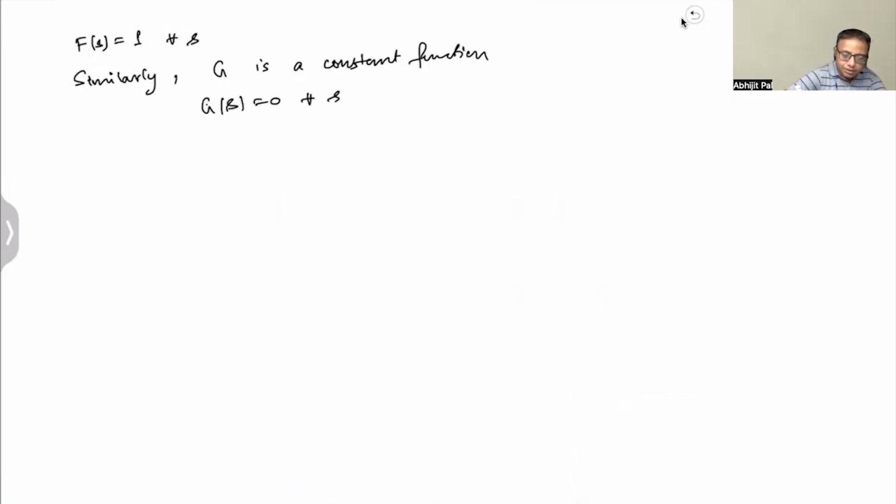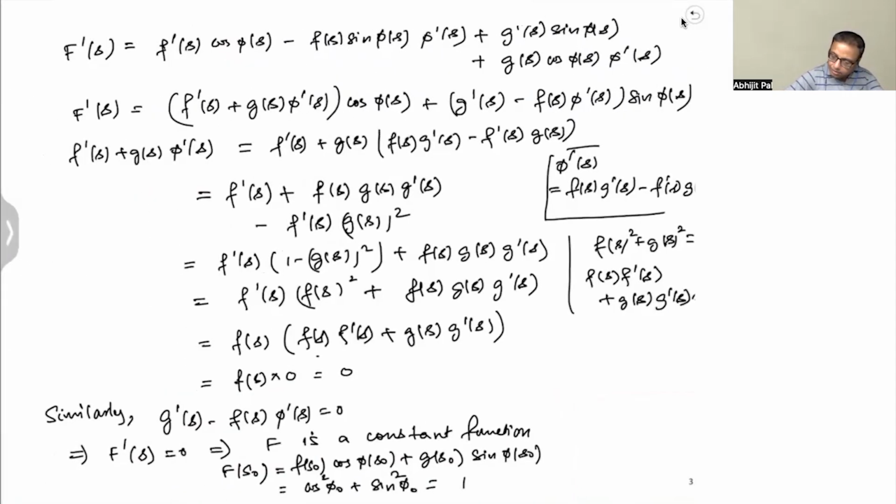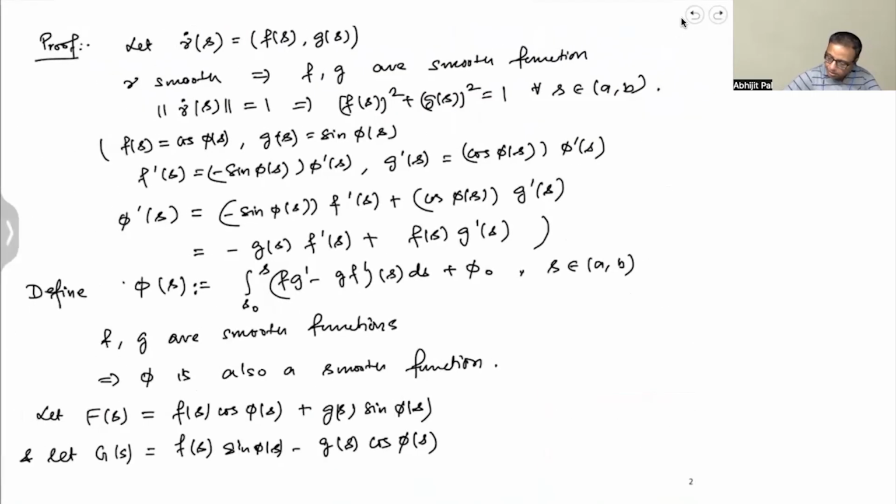So this implies that F is equal to the constant function 1 and G is equal to 0.